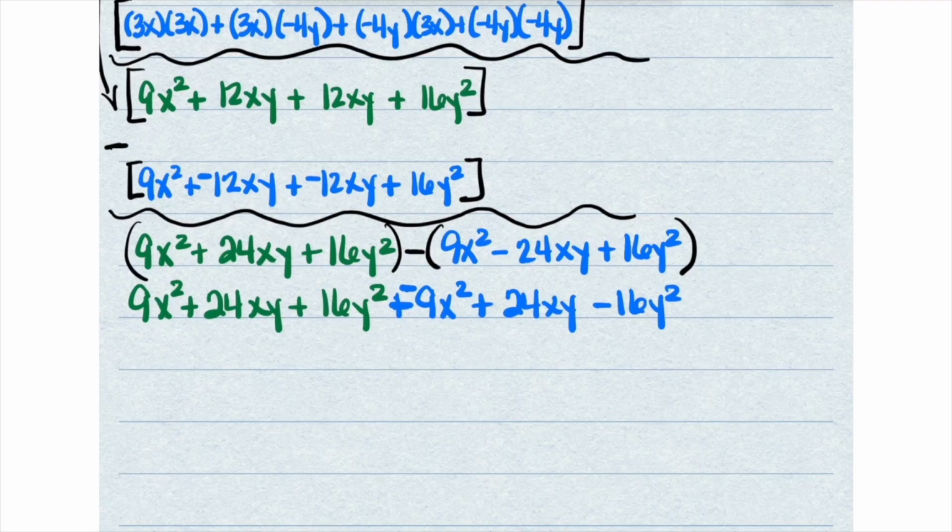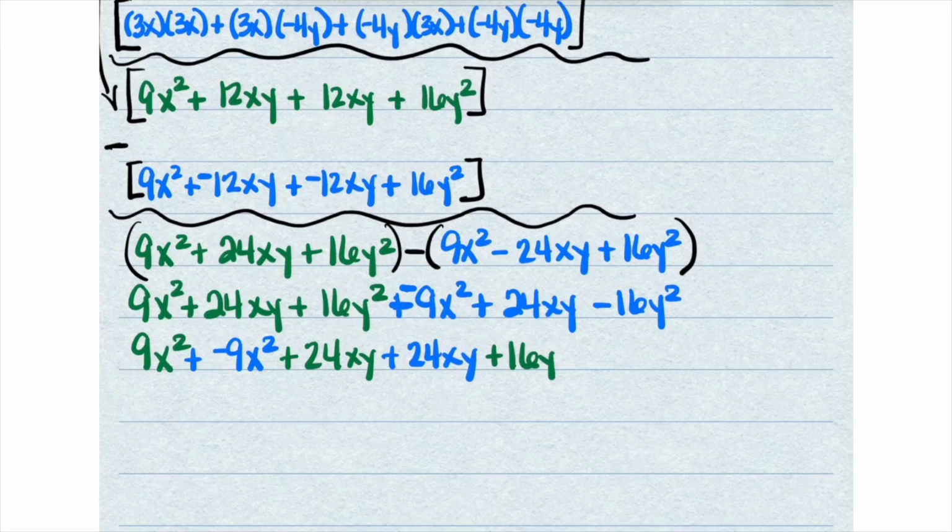If it helps for me to write them side by side, I will. 9x squared plus a negative 9x squared, plus 24xy, sorry, plus a 24xy, plus a 16y squared minus a 16y squared, or plus a negative 16y squared, however you want to write it.